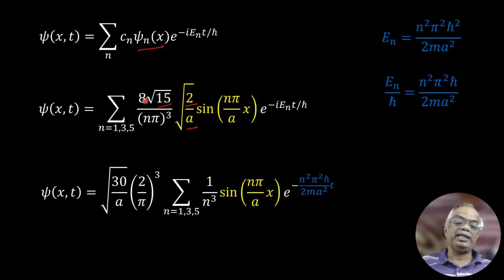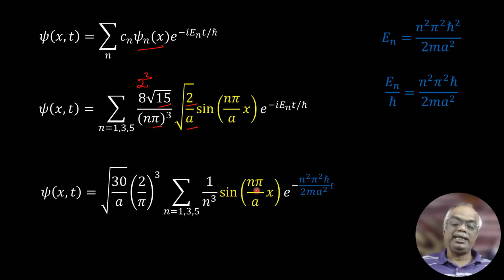Then here you have 8. 8 can be written as 2 power 3. Already there is one π power 3, so you can write 2 divided by π whole power 3. You cannot keep n outside because it is a running index, so you can bring this n inside, which will become 1 over n³.